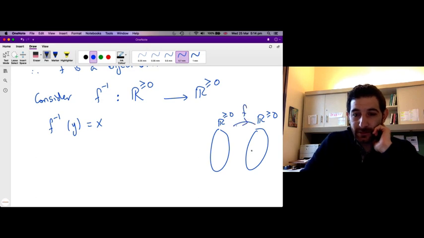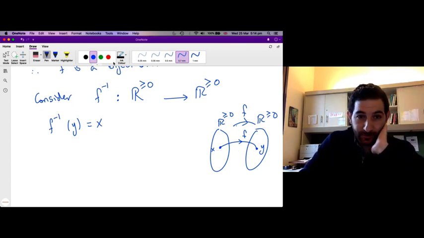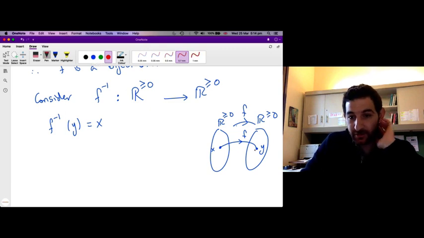Now if we choose an element y here, then since f is bijective, since it's surjective, there must be some element x here whose image under f is y. And second, this x is unique, because it's injective. And because x is unique, we define x to be the image of y under f inverse.